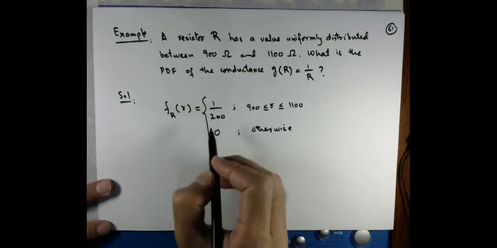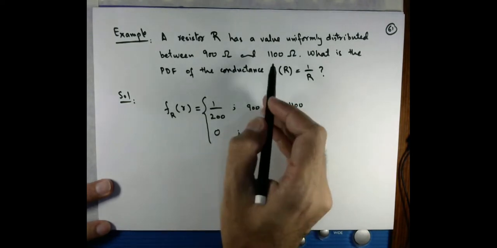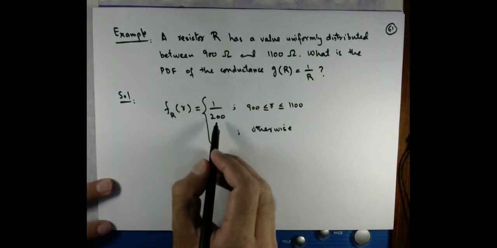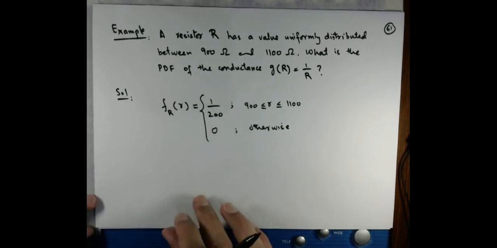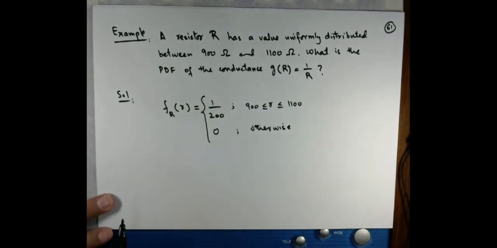Why? Because this is the range from 900 to 1100. So 1 over 1100 minus 900 ohms is 1 over 200. So this is the uniform probability distribution PDF of the parent random variable R.